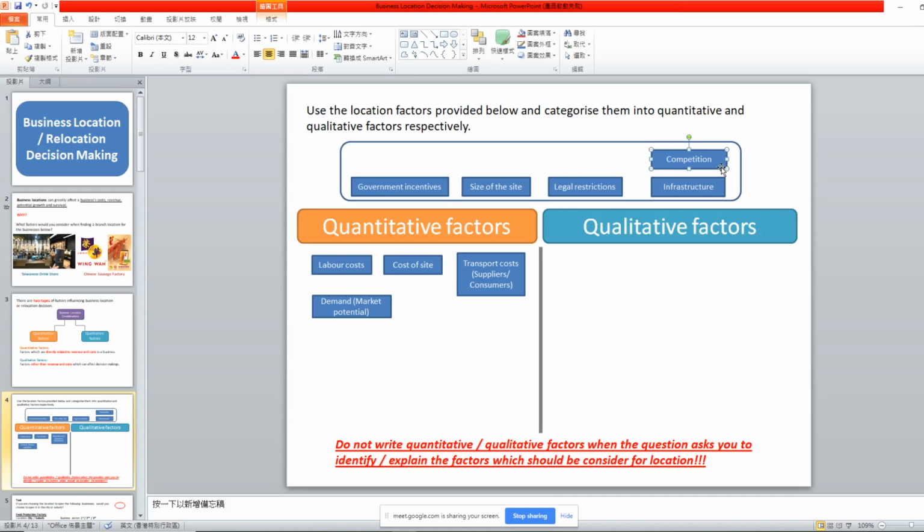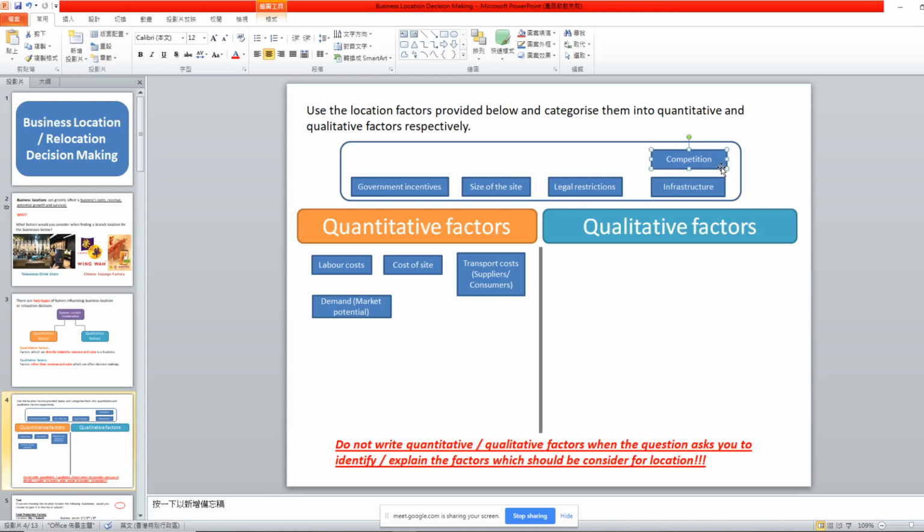If that's the case, then the market share will be spread among so many competitors. Then our revenue might be lower because of that. So for competition, it really depends on your interpretation, but we want to focus on the business perspective.